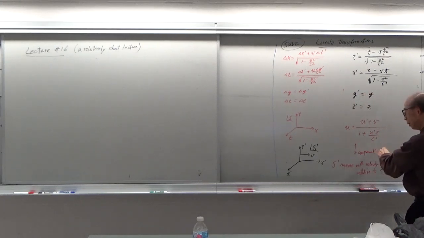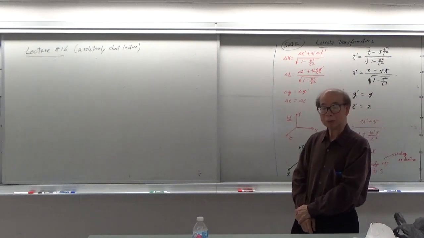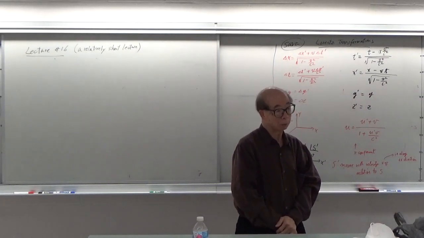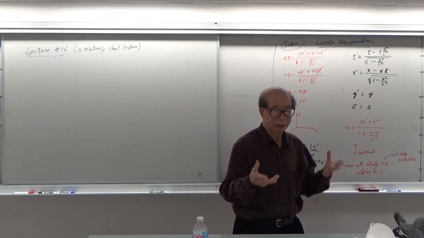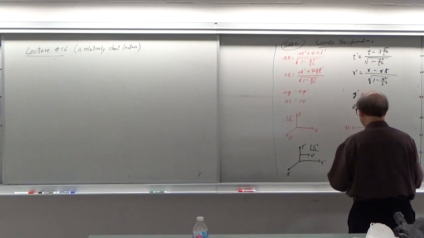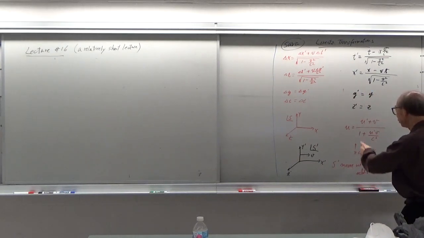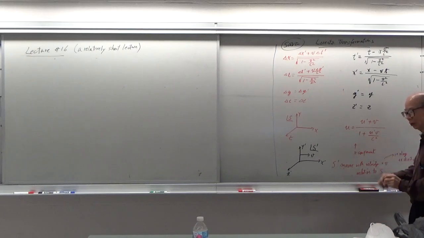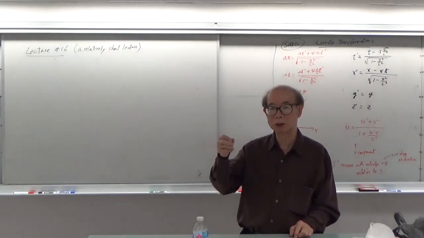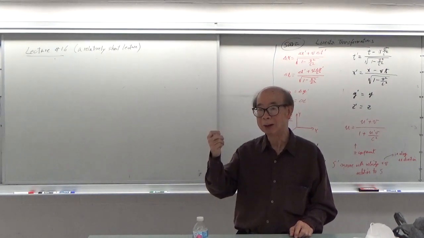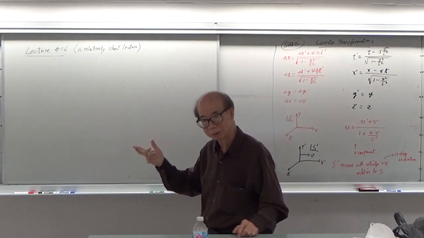The reason is that this term is very important when we talk about velocities of objects moving with velocity comparable with the speed of light. In particular, if the object happens to be just a beam of light, then we showed last time that this term is very crucial in ensuring that light travels with speed of light c in one frame, and travels with the same speed, c, in another frame.